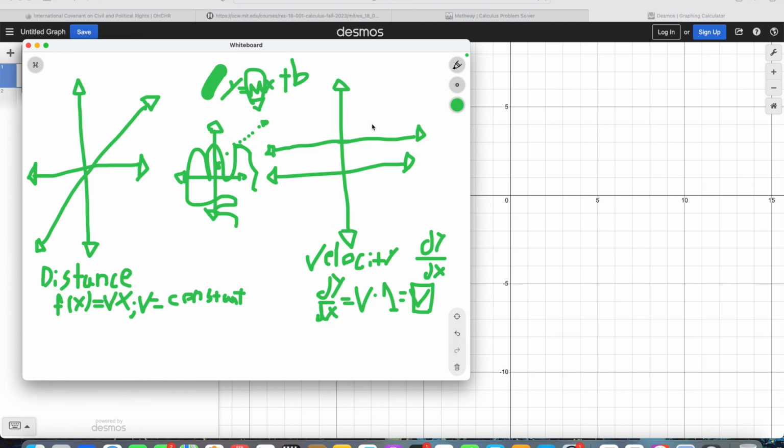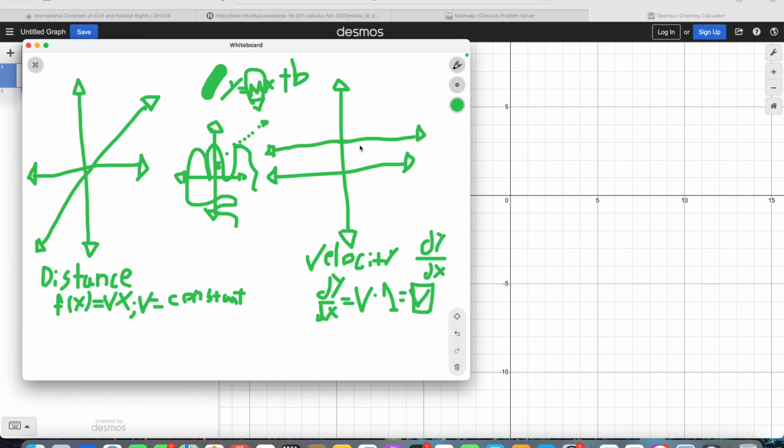And now, let's say we were just given this graph. Say your teacher gives you this graph, says this is a velocity function. Find the original distance function that gave this velocity function. Find the distance function which shows us that this is the first derivative, or whatever the case may be. How can we get the distance function from the graph of the first derivative?